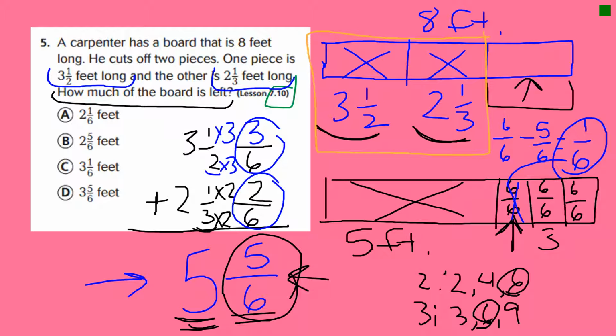So what do I have left here? 1 whole foot, 2, and that 1/6 that's left after I cut off these 5/6. So 2 feet and 1/6 of the board is left. And that is choice A.